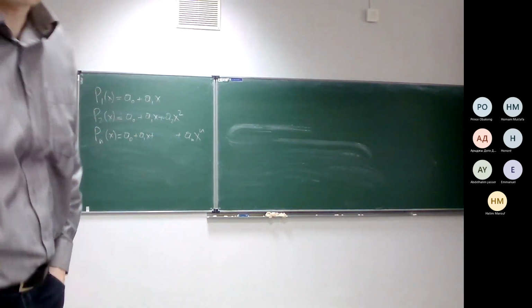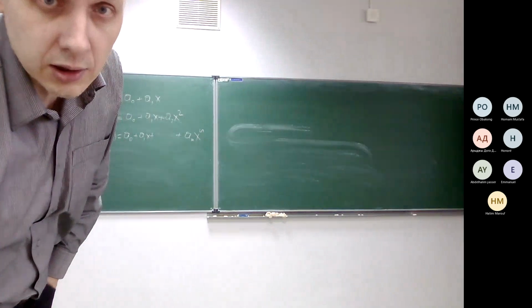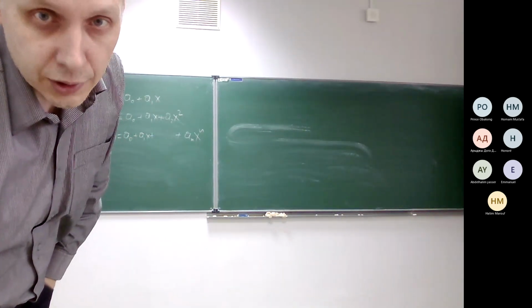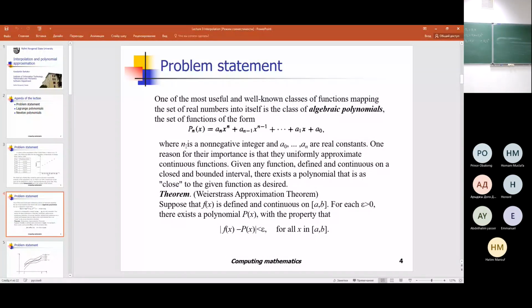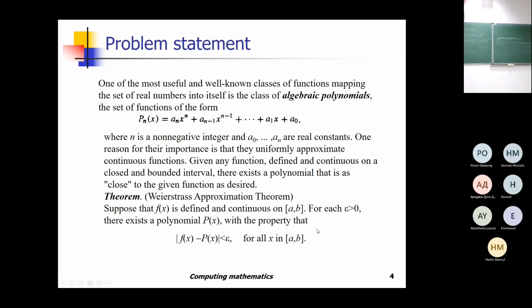And this form is written in my presentation. Pn equals to A0 plus A1x plus and so on, an x power n.